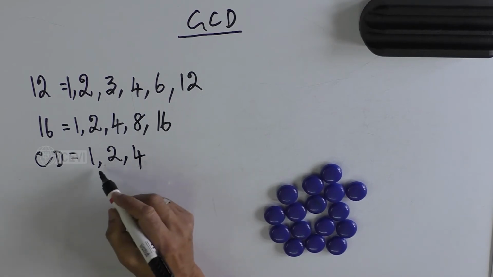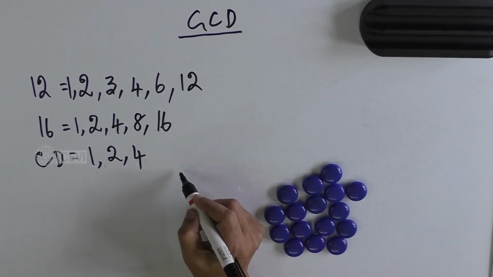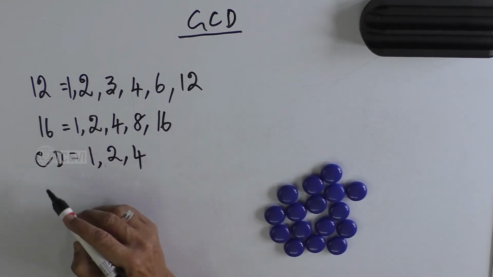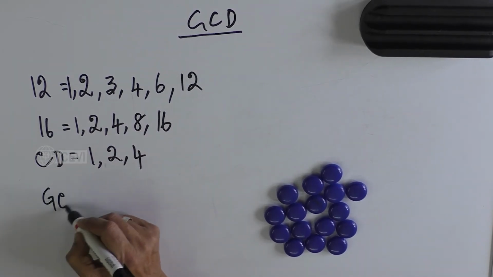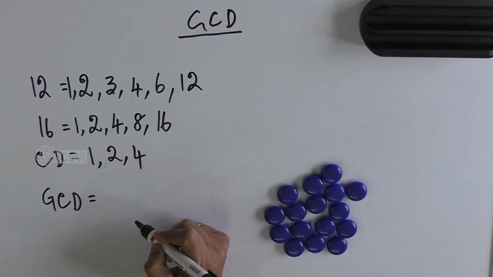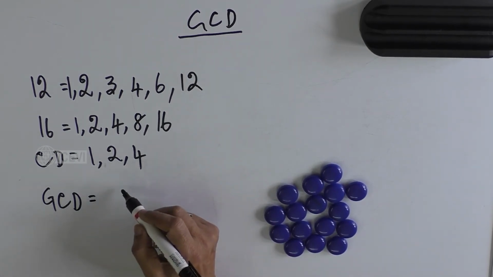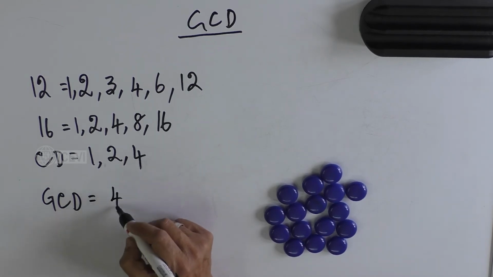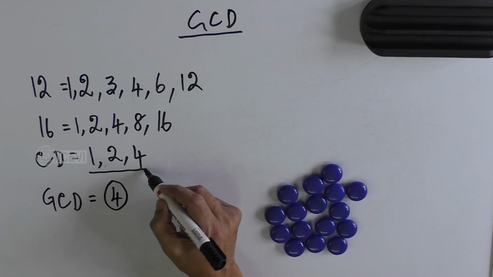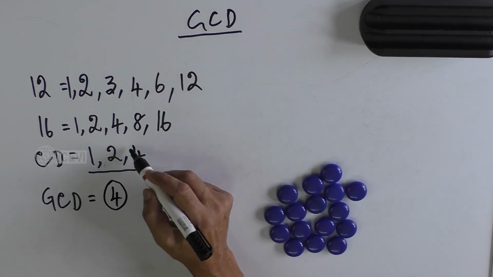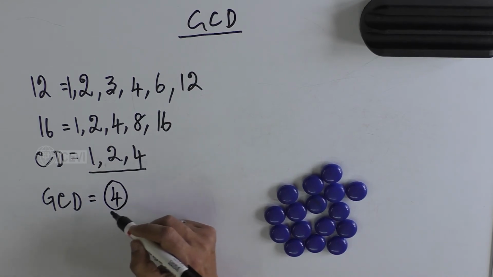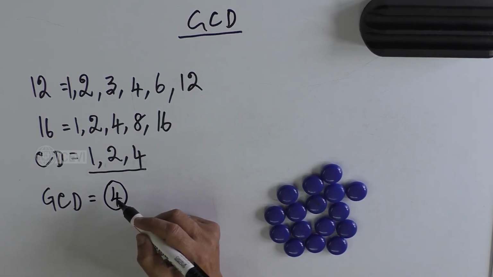So there are 3 common divisors for the numbers 12 and 16. The common divisors are 1, 2, and 4, and therefore the greatest common divisor is 4, which is the largest among the common divisors. In some books, the GCD is also called the highest common factor, HCF.